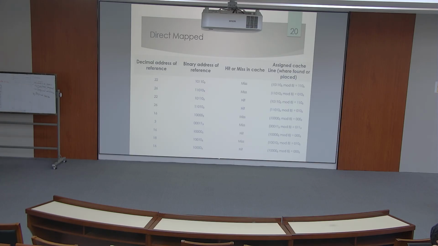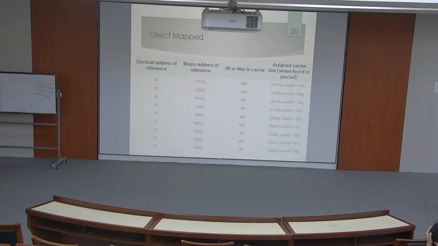Now 22 will be loaded in which cache line? Block number 22 from the main memory will be loaded in which cache line?